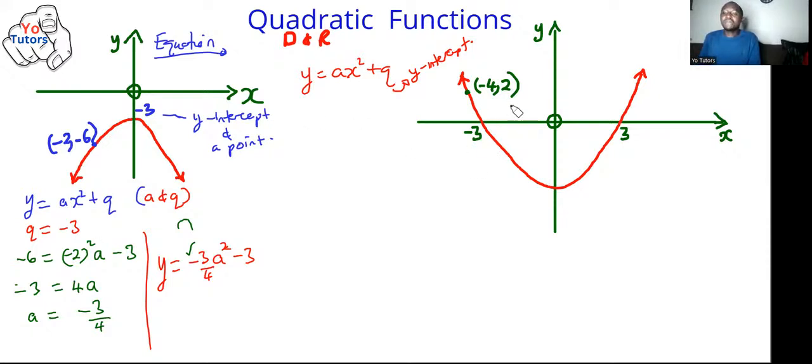What about this part here where you are given the x-intercepts? So here you are given the x-intercepts and a point. Now when you're given this, you need to use this equation here: y is equal to a(x minus x1)(x minus x2).